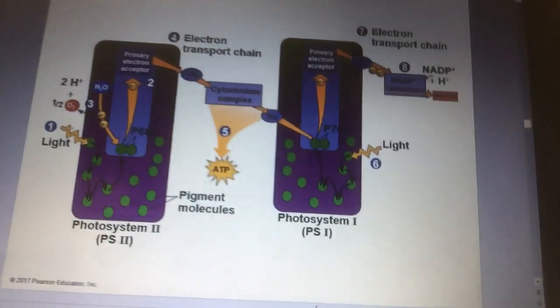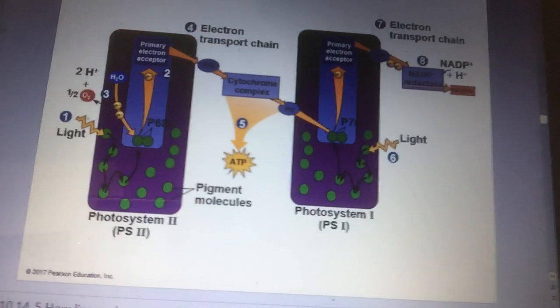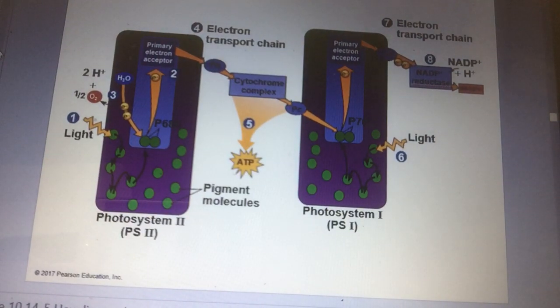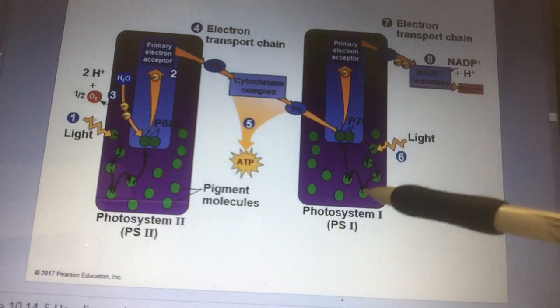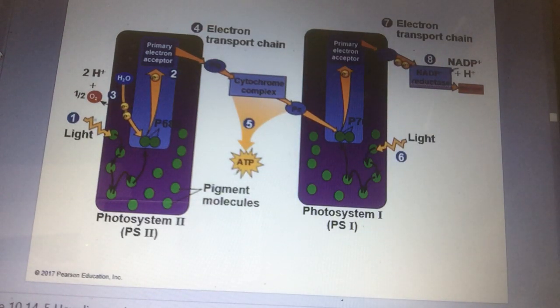I'll show you a picture. There it is. Over here we have photosystem 2 and then photosystem 1. The linear electron flow can be explained in 8 steps.